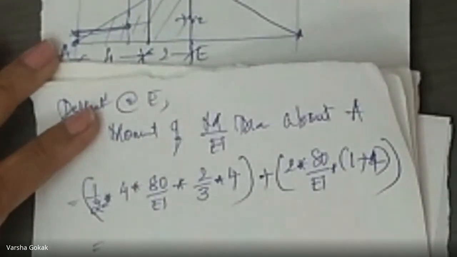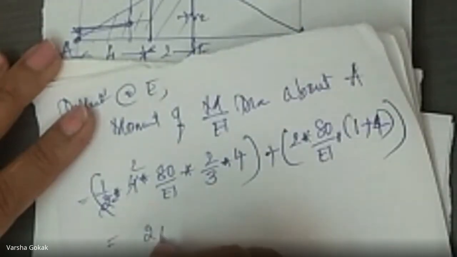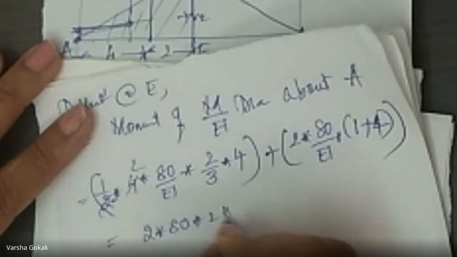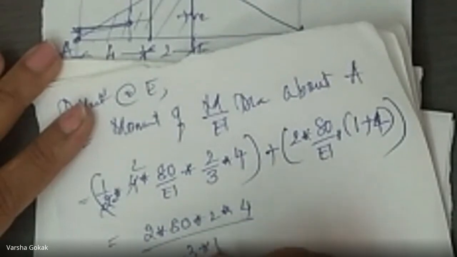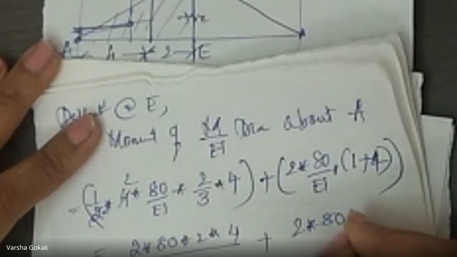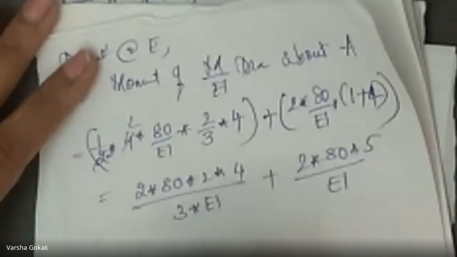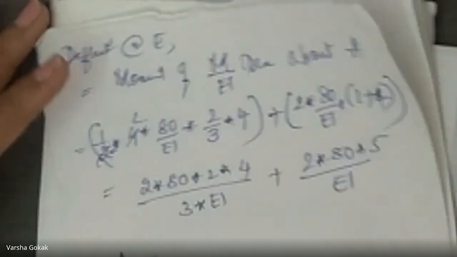So tell me how much is this value? 2 into 80 into 2 into 4 divided by 3 EI plus 2 into 80 into 5 divided by EI. Give me the final value.